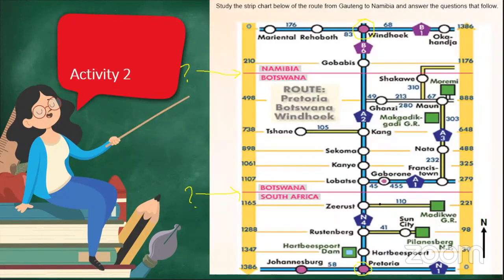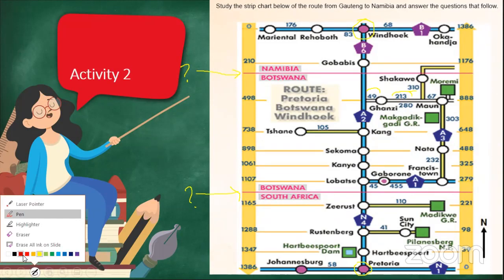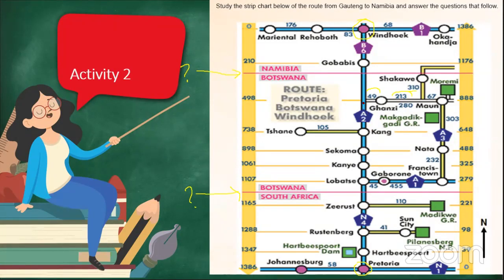And also keep this in mind. These values here, in this case 49, 213, are all distances. 49 will be the distance between A2 and the first town. 213 is the distance between this town, Hanzi, and this T-junction.